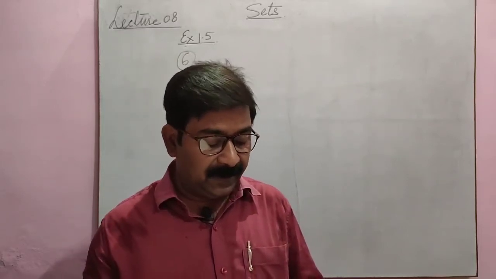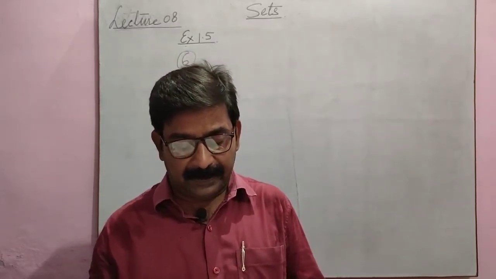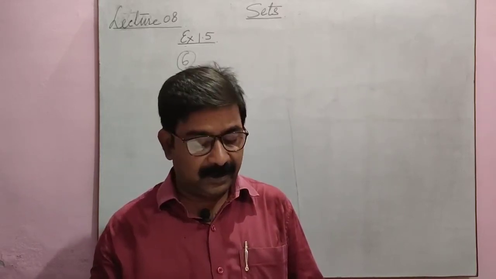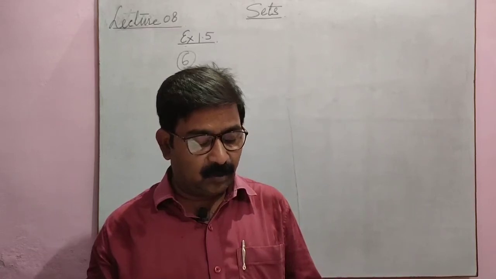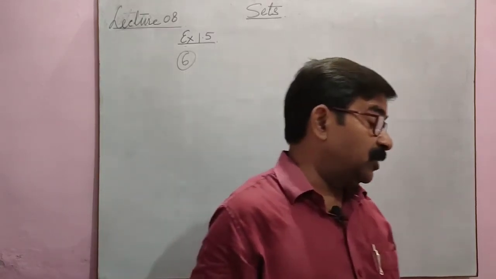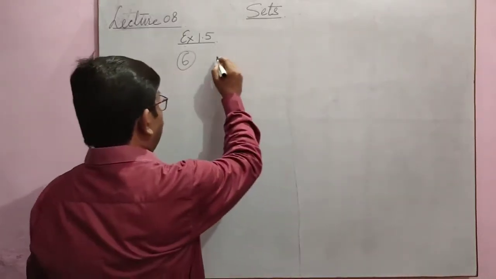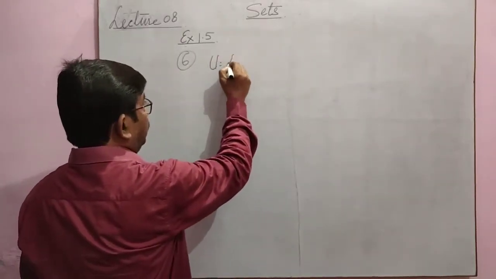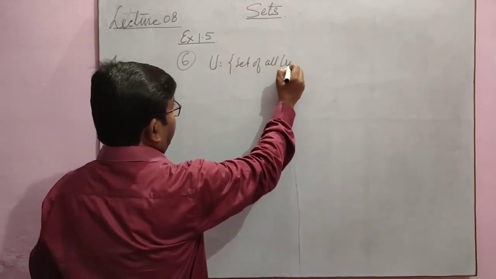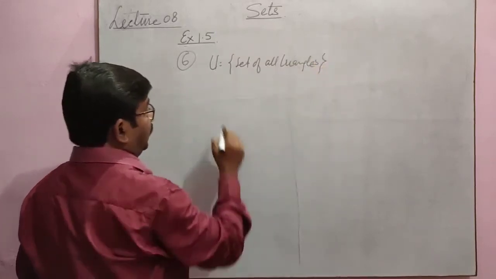See, given, let U be the set of all triangles in a plane, and A is the set of all triangles with at least one angle different from 60 degrees. Try to understand. The universal set U is given, the set of all triangles.